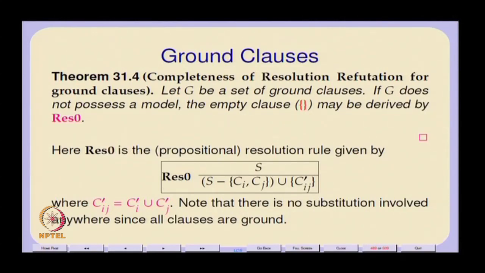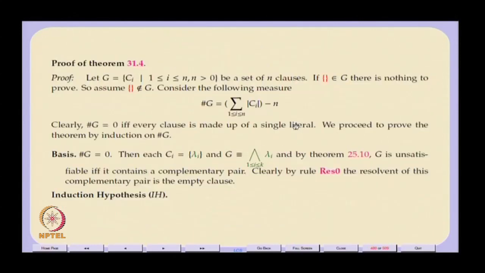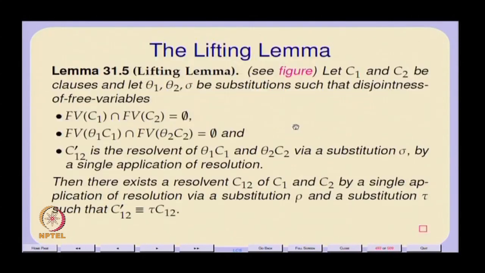Anything that can be proven by a direct proof can also be proven by refutation, by contradiction. So we will only look at refutations, but now given that propositional resolution refutation is complete, what happens to first order resolution refutation? That is what we are looking at.